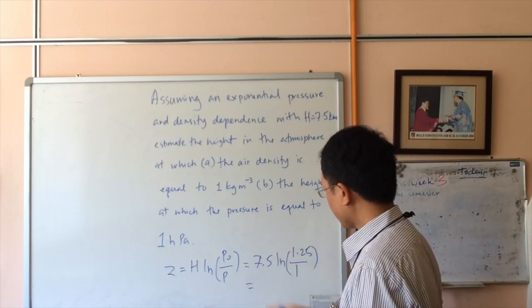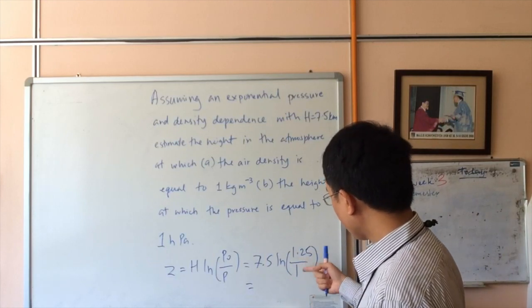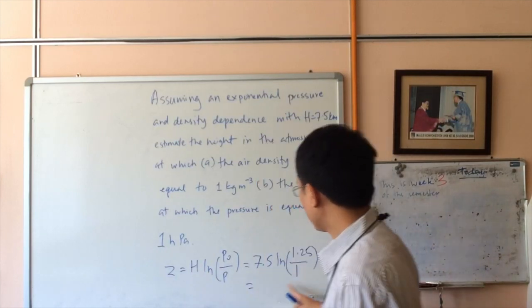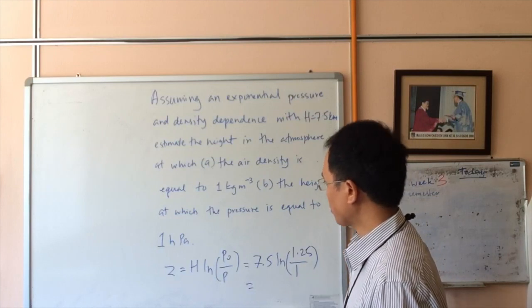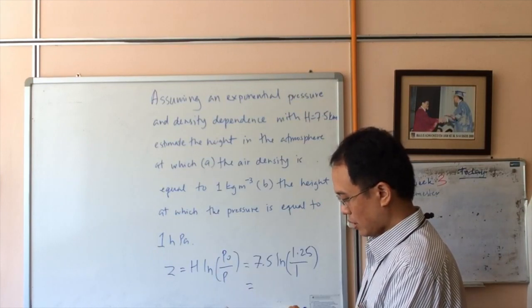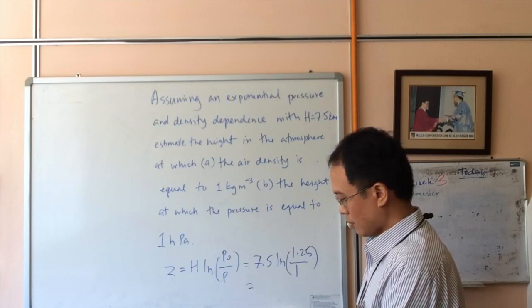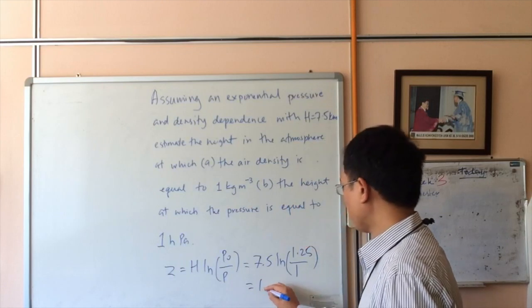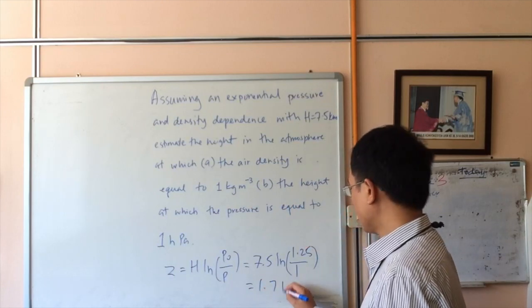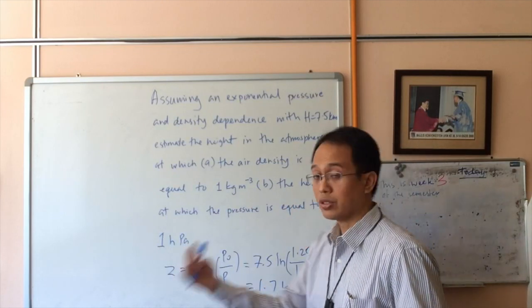And by calculating this, we get the height at which the density is 1 kilogram per meter cubed. 7.5 times natural log of 1.25 over 1. So this is at 1.7 kilometers from the surface of the Earth.